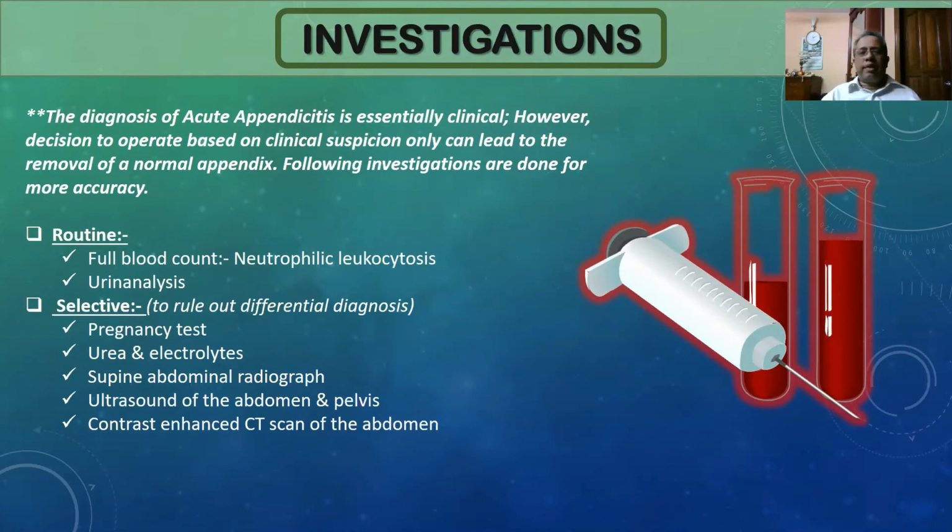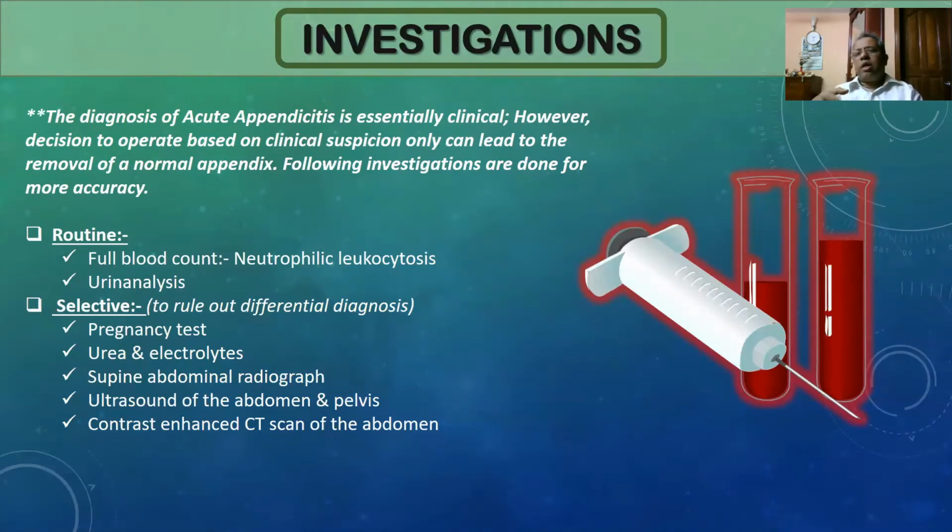So for your exam, your basic answer for investigation is, first, plain X-ray, blood for complete blood count. Blood for CBC, complete blood count, one. Second investigation is urine for routine and microscopic examination. Third investigation is plain X-ray KUB region.